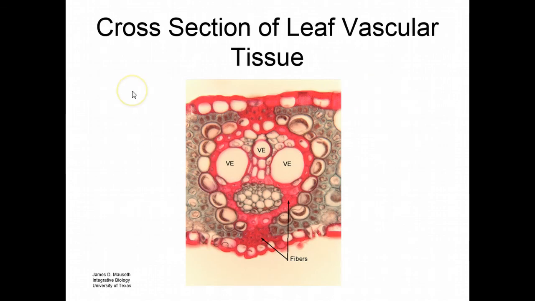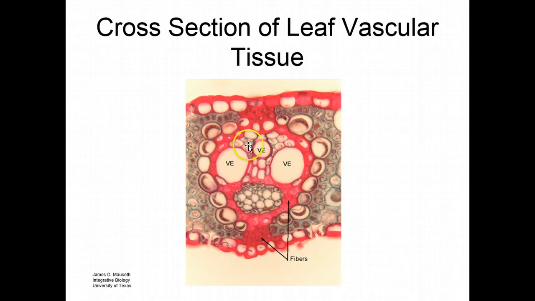So here's a cross section, and just to make the point, here's the vessel element. Okay, these are things called fibers. Fibers are just incredibly thick parts of the xylem that are basically for support.